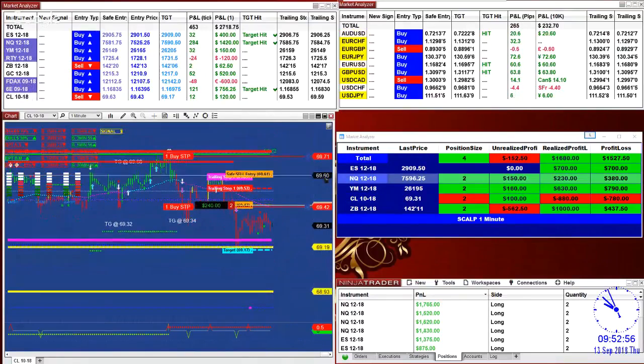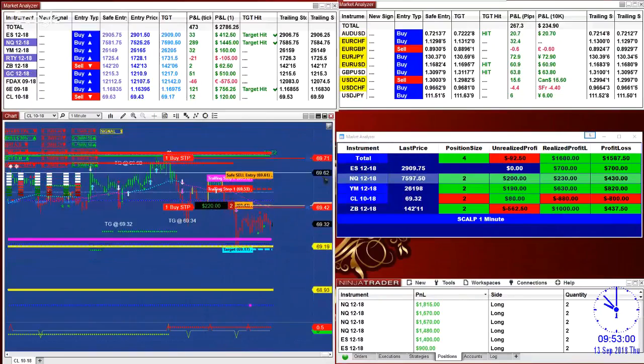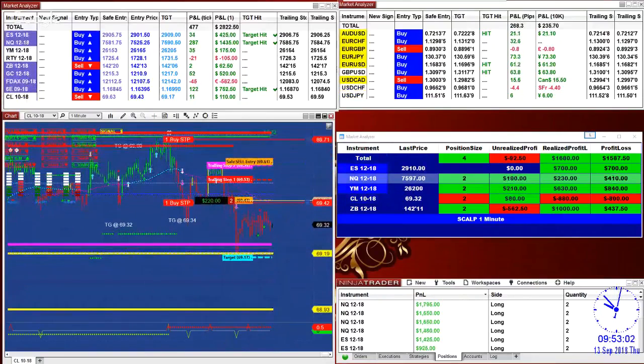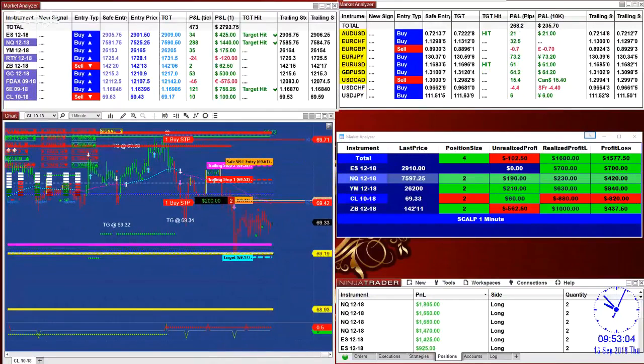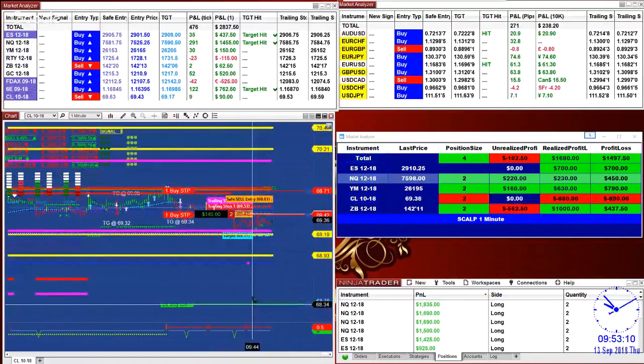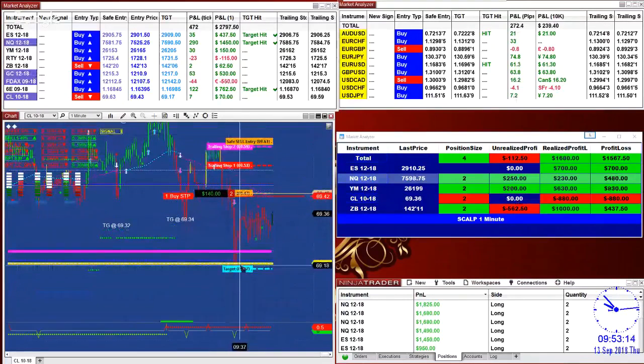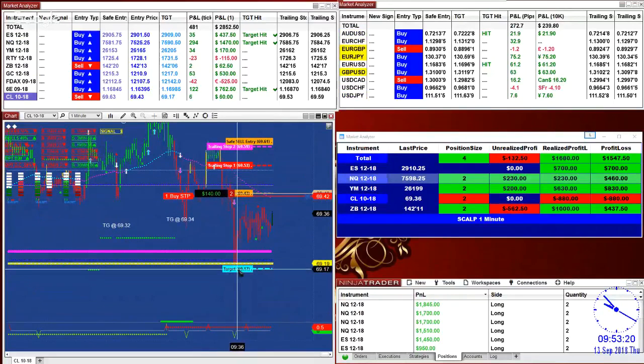At the moment, the CL trade has already hit the target, but that's why I like to use extended targets, because I don't know if we can get a little bit more. If we notice on that trade, it came in right to the target, and with your fully automated trade, it closes right there, and it's done, it's over.